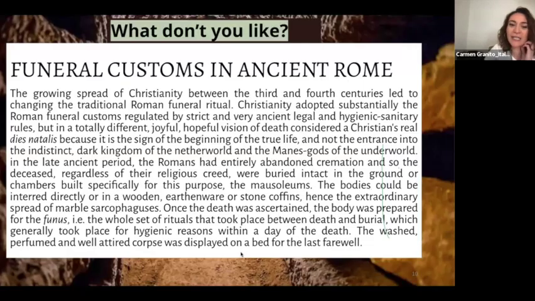So what don't you like about it? Yeah, someone said they find it overwhelming. It's too much text. It's boring. What else? Anything else? The lines are definitely too close. Yes, the spacing is not right.